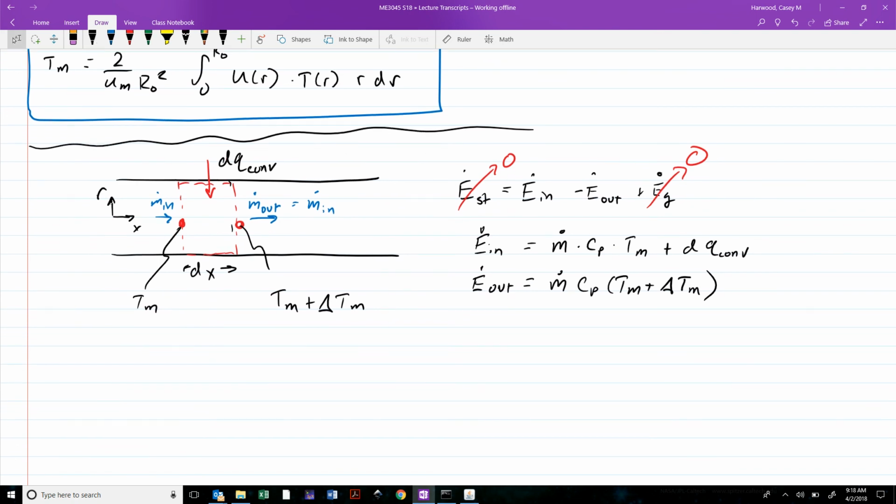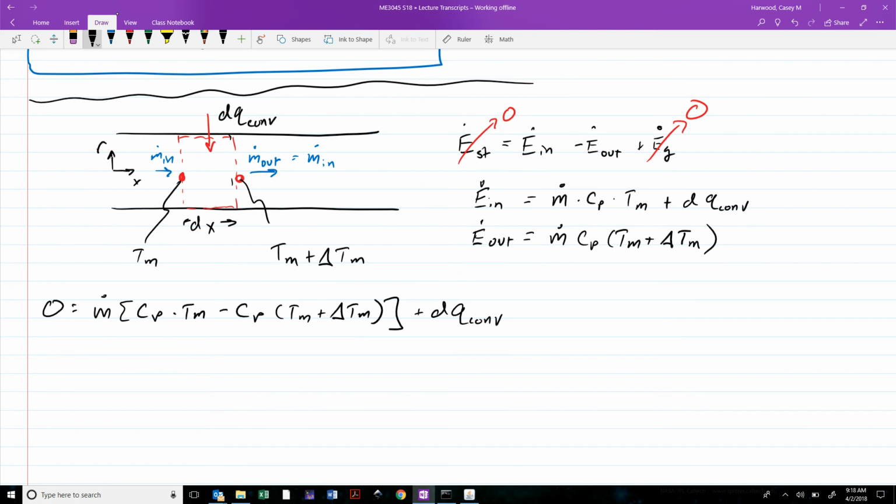So if we go ahead and plug E in and E out into our energy balance, we end up with 0 equal to m dot Cp Tm minus Cp times Tm plus delta Tm, plus dQ convective, which, if we wanted to solve for dQ convective, leaves us with m dot Cp delta Tm.